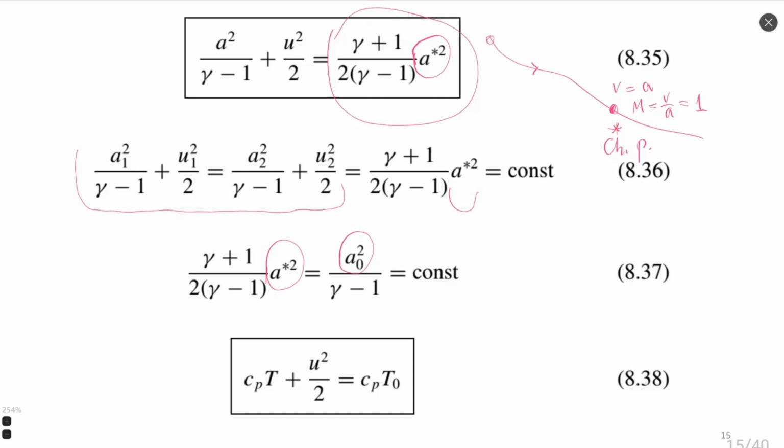Just the speed of sound at the point where flow stops. Okay, for example, some point at which flow stops will be related, according to formula 37, to the speed of sound where Mach number is equal to 1.